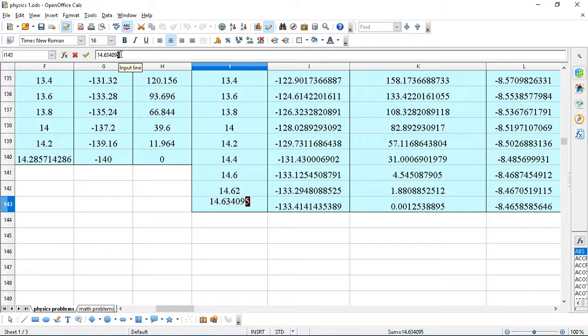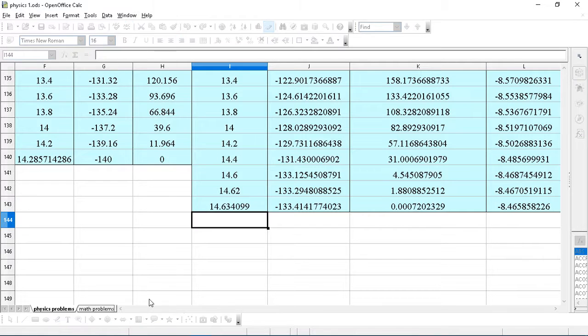Here I just saved the file. The file still hasn't changed. Okay. So let's check the plot.